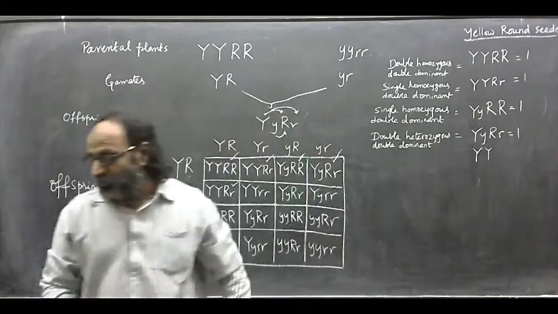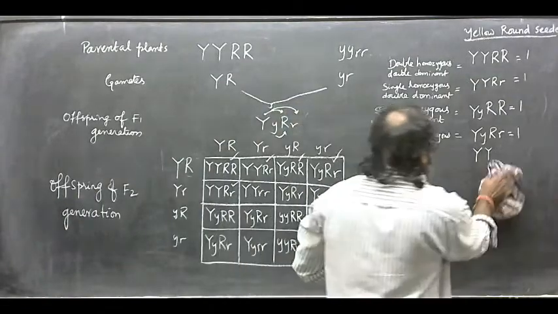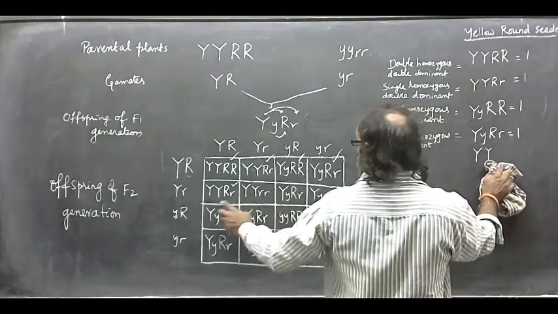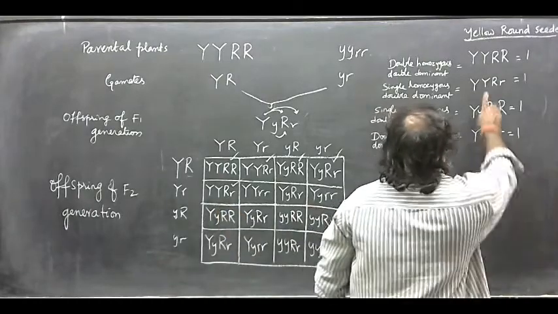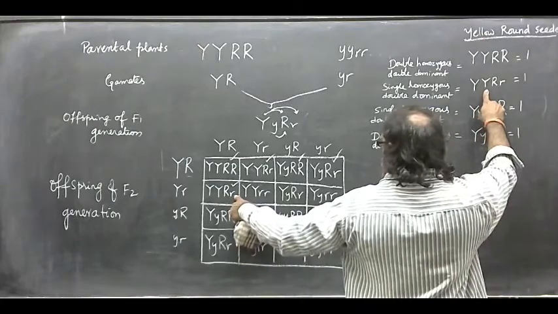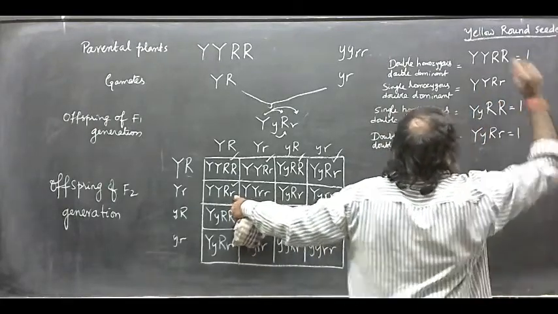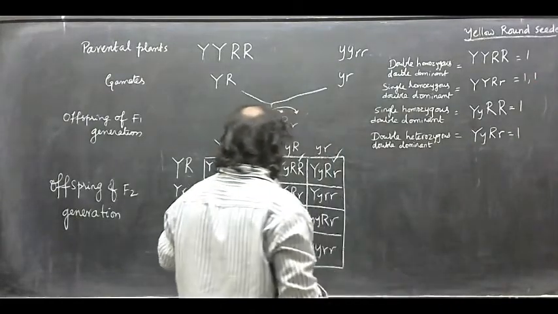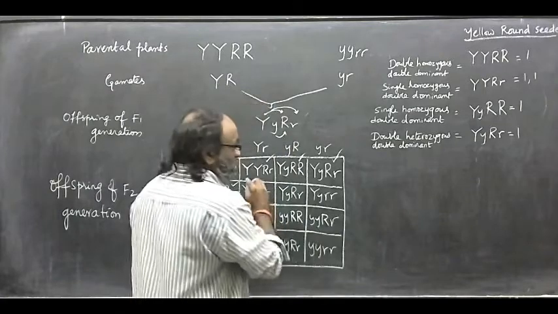This genetic makeup is already seen: capital Y, capital R, small r. Therefore, it is the second one so far.